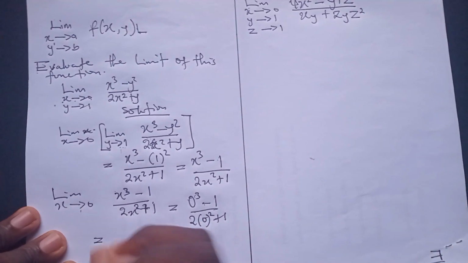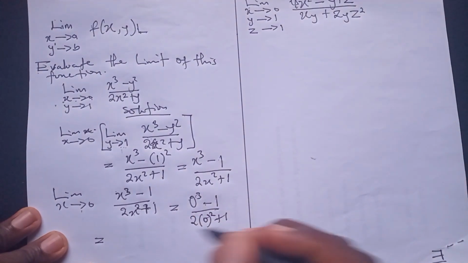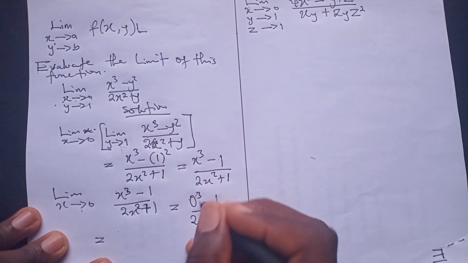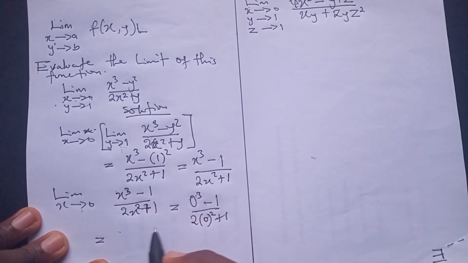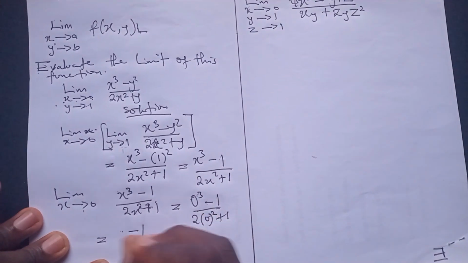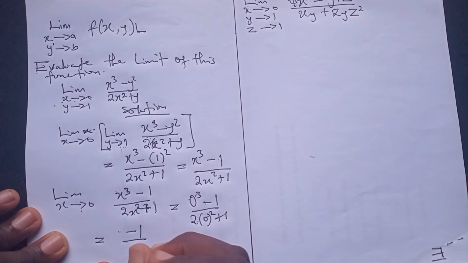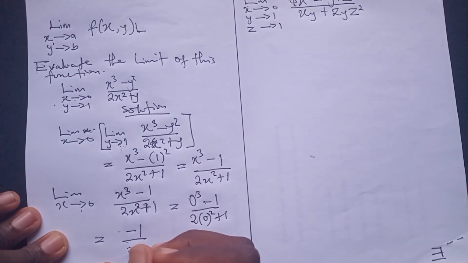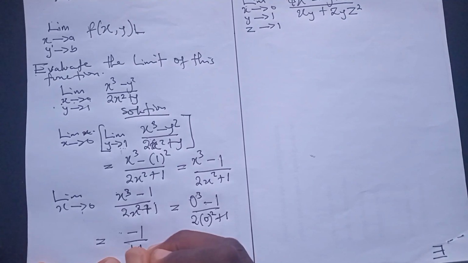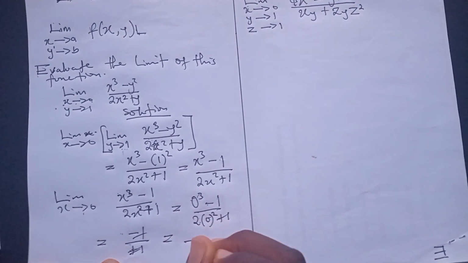This is equal to 0 cubed is what? 0, minus 1 over, everything here will give you 0 plus 1. This gives just 1, so the answer is what? Minus 1.